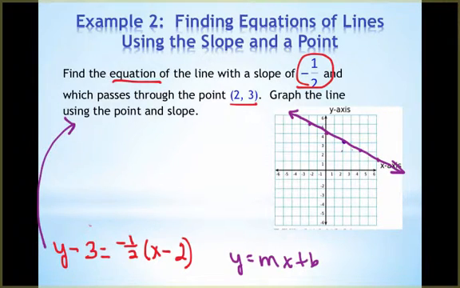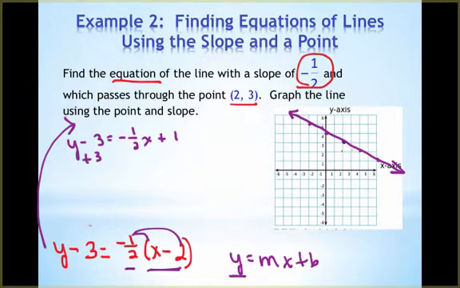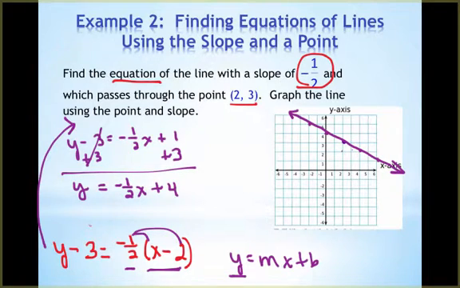Since I have a number out in front of my parentheses, I can do distributive property and get -1/2 x, and then -1/2 times -2 would be +1. But since we're trying to get the y by itself, let's add 3 to both sides and get y, those are going to cancel, equals -1/2 x plus 4.